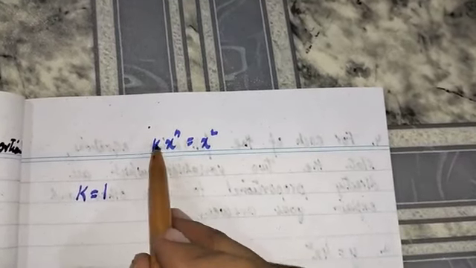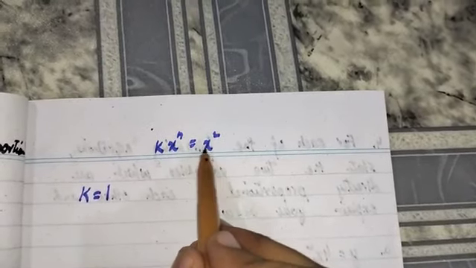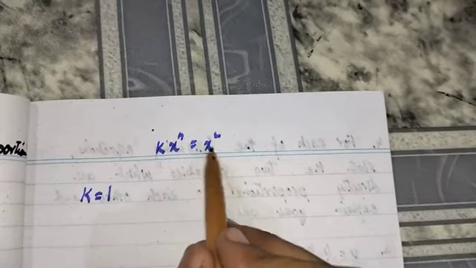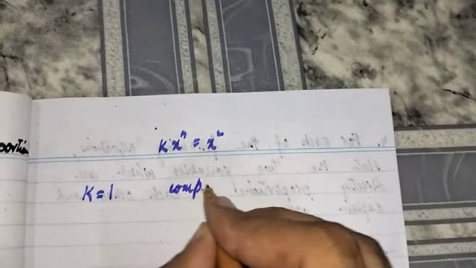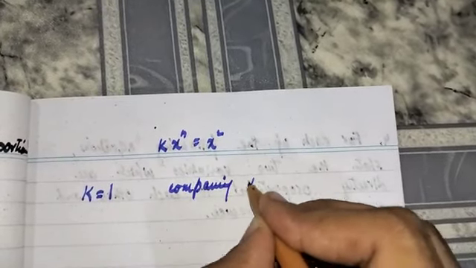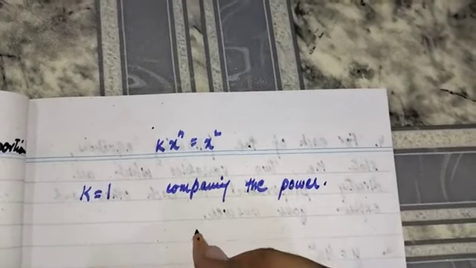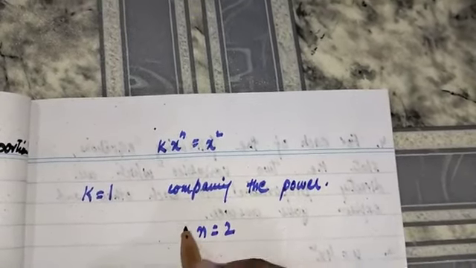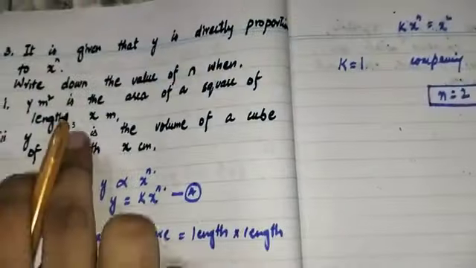As k is 1, here it is also 1. As x power n is equal to x square, both have the same coefficients. If coefficients are the same, then their powers are equal. So by comparing the powers, n is equal to 2. So the value of n will be 2 when the area of the square is y.